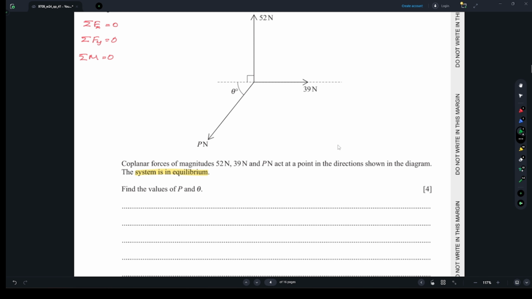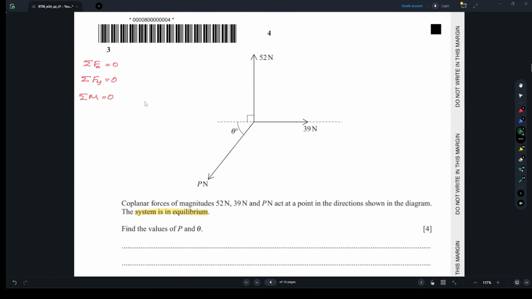Now we consider the x direction and y direction. The 52 and 39 newtons are okay, they are in x direction and y direction. But the force P, we have to take the components. I can rotate this force P to make it horizontal.